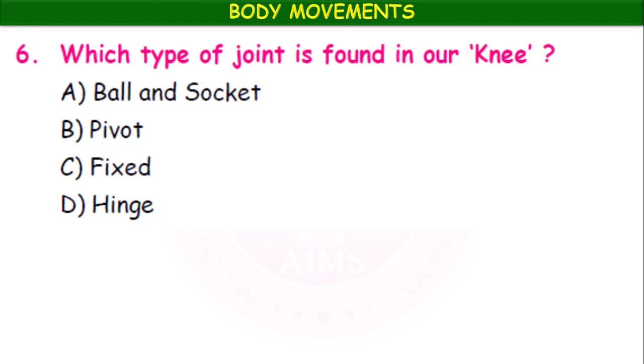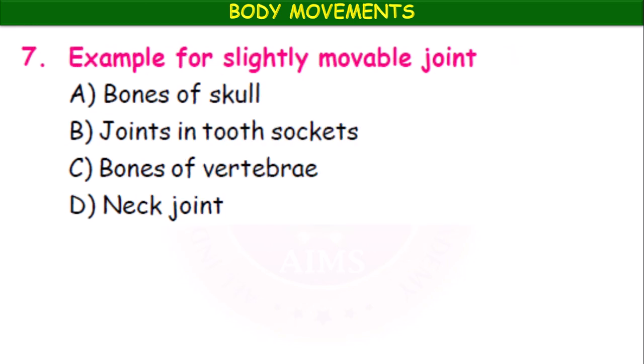Which type of joint is found in our knee? Ball and socket joint, pivot joint, fixed joint, hinge joint. It is the hinge joint which moves in one direction. It is present in the elbow and knee. Examples of slightly movable joint: bones of skull, joints in tooth sockets, bones of vertebrae, neck joint.